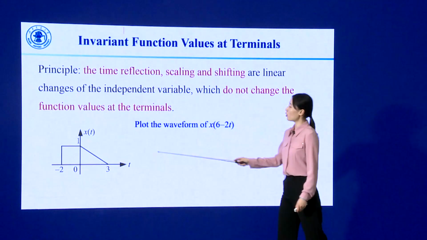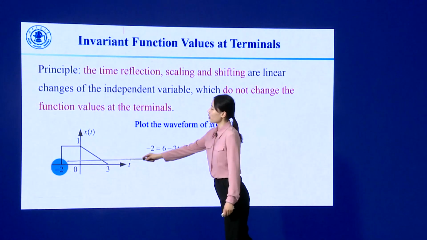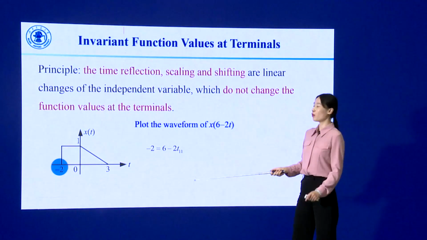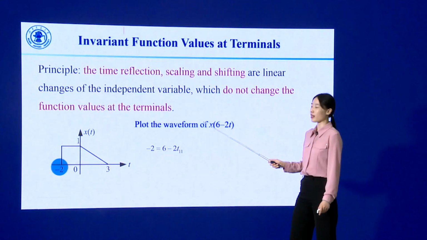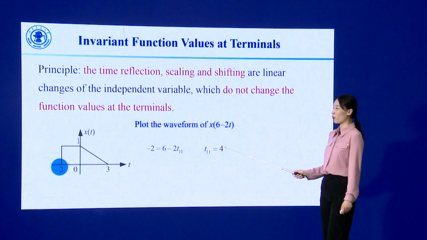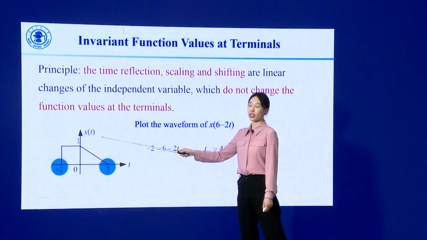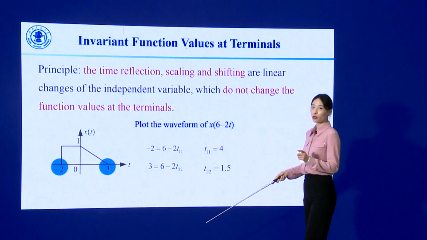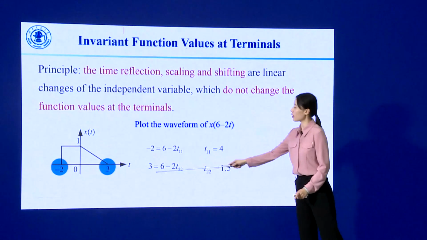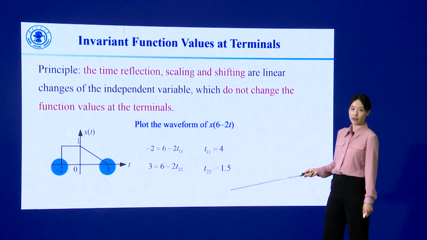For example, here we give the waveform of s(t). The -2 is one terminal for this signal, and the new terminal can be expressed using this equation, and we can get t11 equals 4. 3 is another terminal for this s(t), and the new terminal can be calculated using this equation, and we get the terminal equals 1.5.